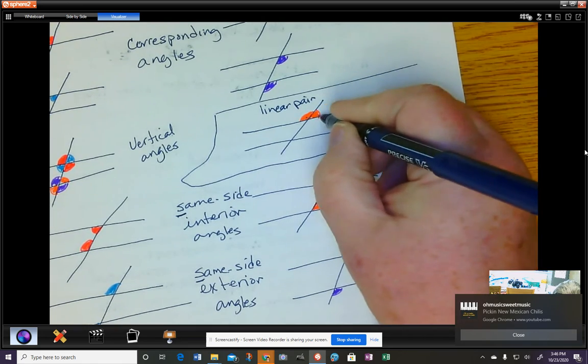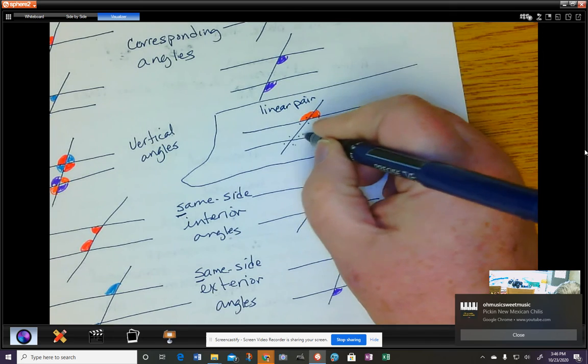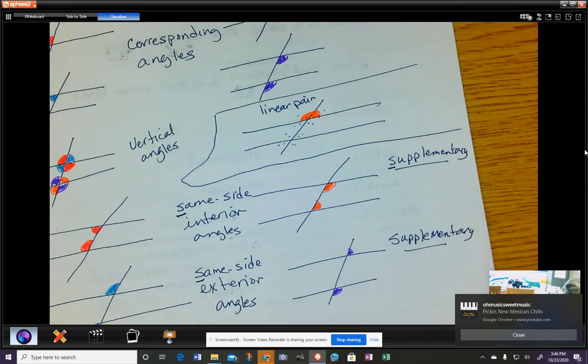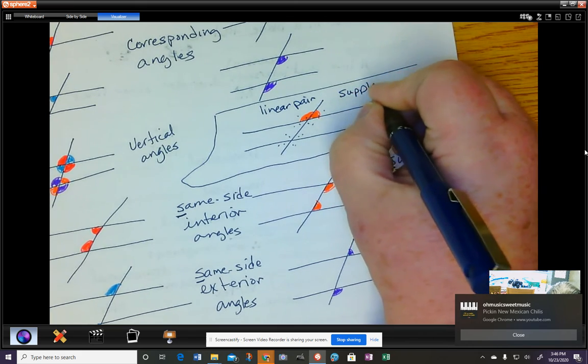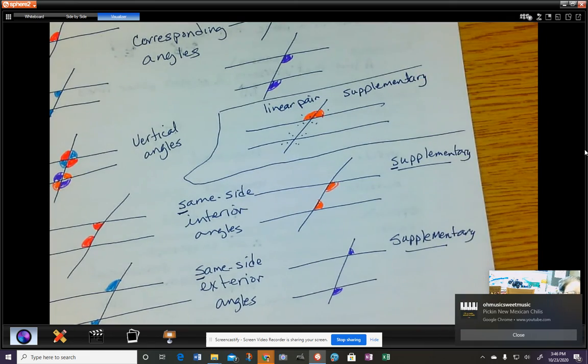And there are 1, 2, 3, 4, 5, 6, 7, 8 of them. There are 8 linear pairs on here. So these are also supplementary. Okay? All right.